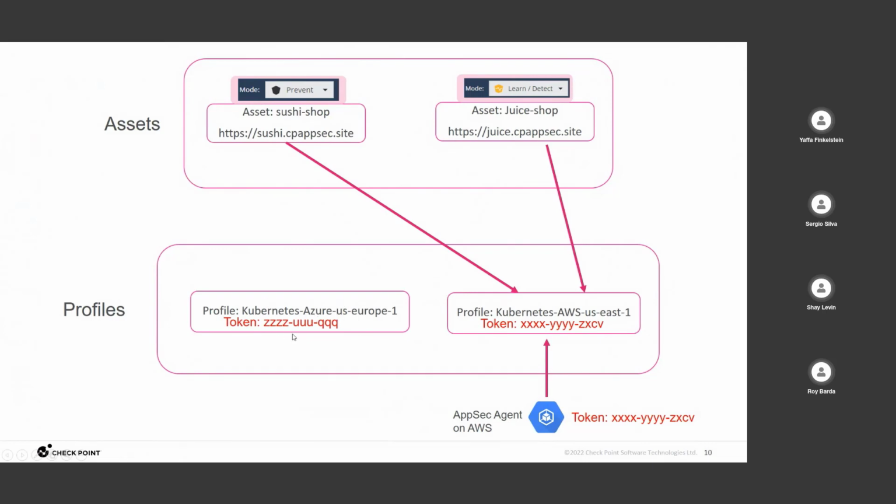So for that you will create another profile, associate the asset with the profile, and deploy the agents on the AKS cluster, and those agents are going to be deployed with the token ID of the new profile and register to the Azure profile and get all the settings. Okay, so this is how profiles work.